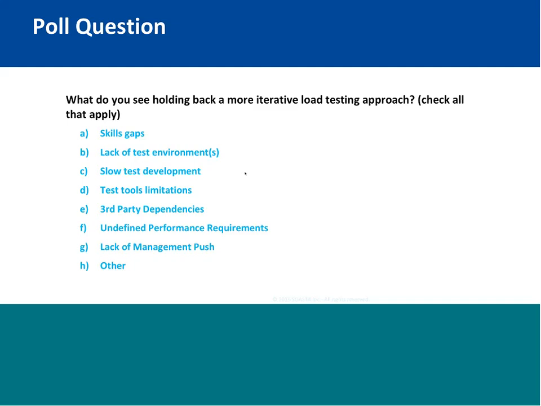We're looking at 26% skills gaps, 28% lack of test environments, 10% slow test developments, 30% test tools limitations, 8% third-party dependencies, 28% undefined performance requirements, 24% lack of management push, and 4% other. So we've got some issues everywhere. Thanks, Max, for reading those out. So we've got people with issues all across here, whether it's developing the test or third parties or undefined requirements.